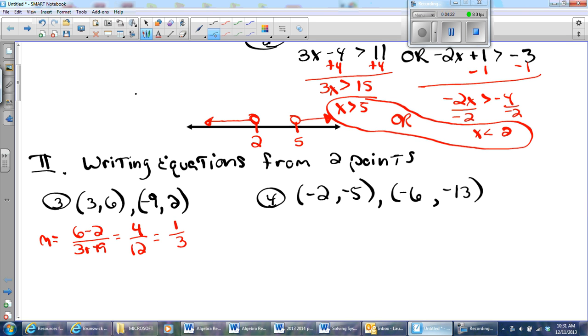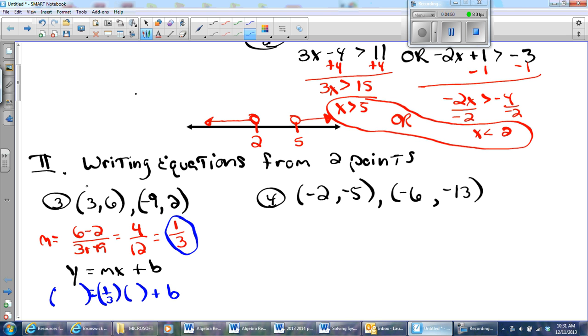Now, some of you are having trouble with this part. Here's where you take the equation y equals mx plus b, slope-intercept form, and you ask yourself, what do you know? Well, I know m. I just figured out m, so I'm going to put 1/3 in m's place. But I need to know b. If I knew an x and a y, I might be able to figure out b.